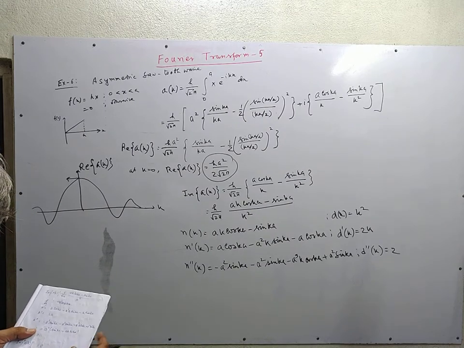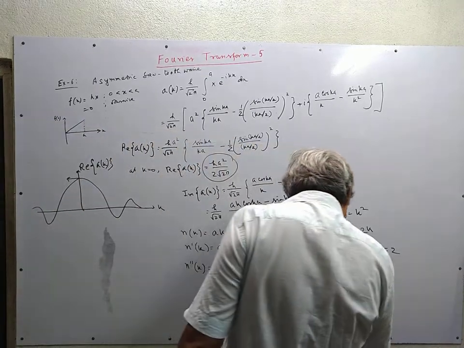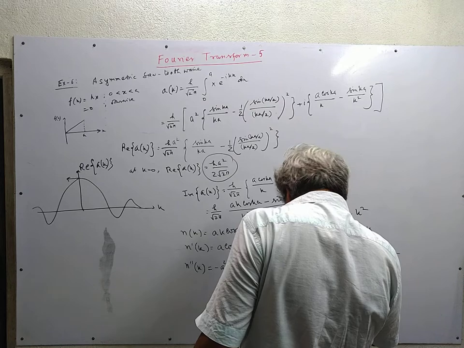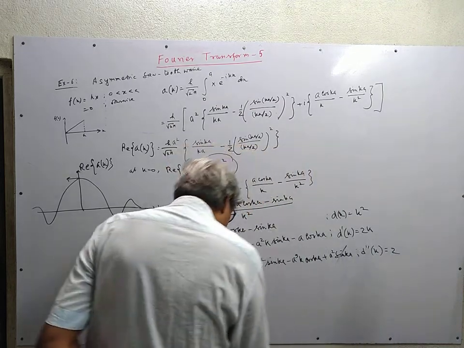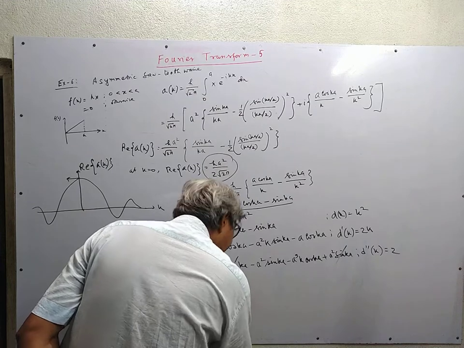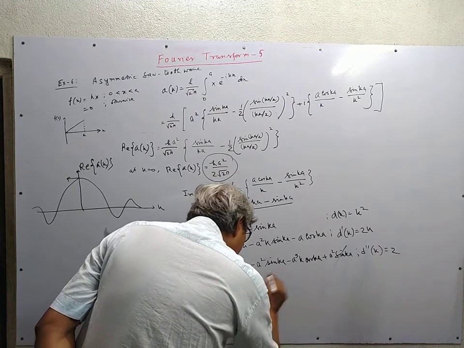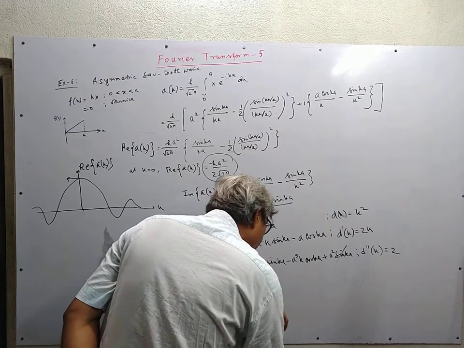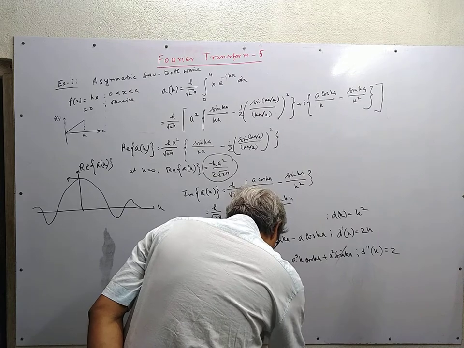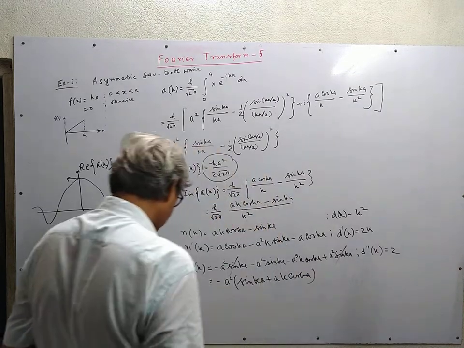If we apply this with k equal to 0, first thing is see that a square sin ka goes, so this is minus a square sin ka plus a k cos ka.